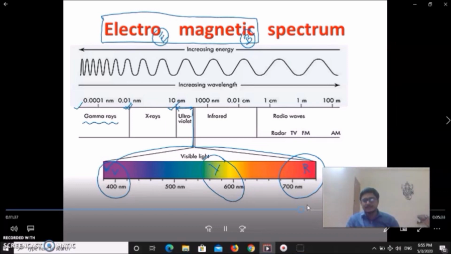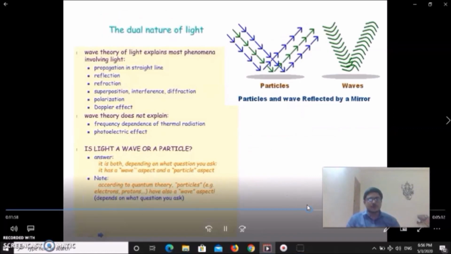So after red, what will be? Infrared, correct? After infrared, microwave and radio wave. You can observe wavelength is slowly increasing. That means frequency is decreasing, so energy is also decreasing. So gamma ray has maximum energy.